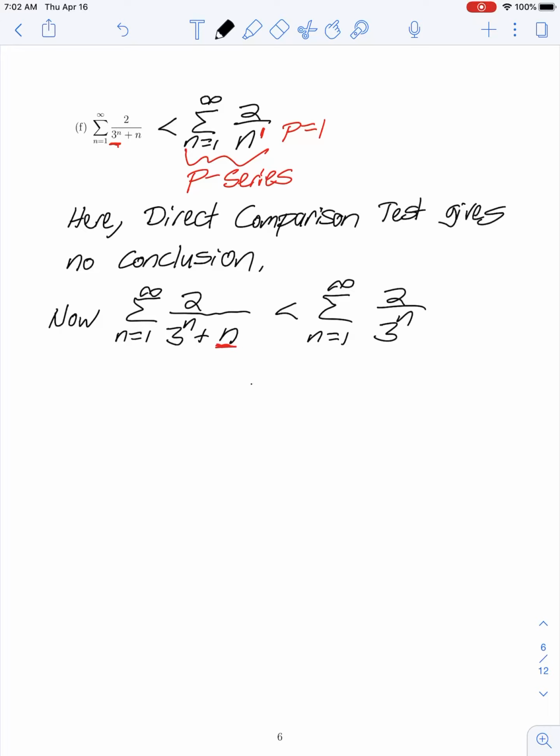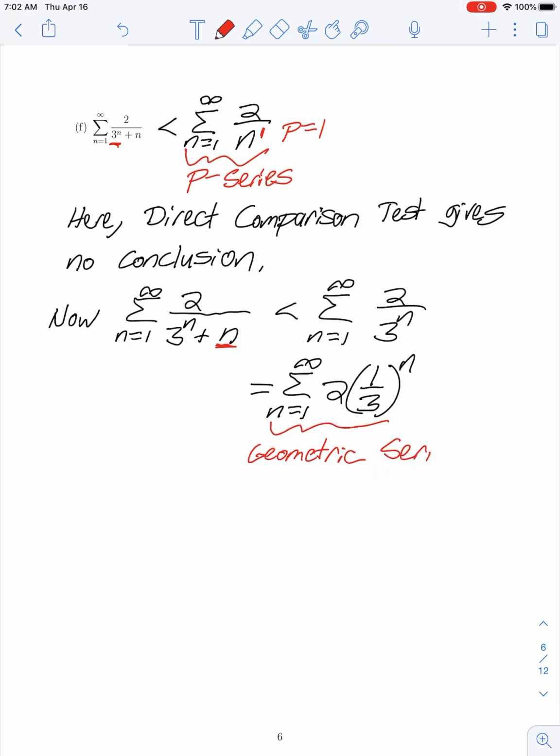Or if we rewrite that a little bit, this is the sum from 1 to infinity of 2 times 1/3 to the nth power. So this series that I'm looking at is a geometric series, where my value of a is equal to 2 and the ratio r is 1/3.